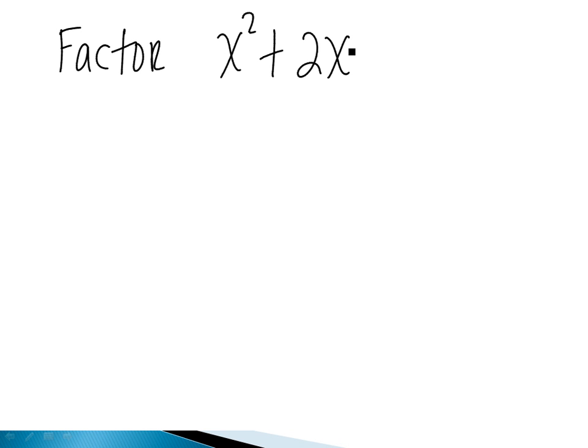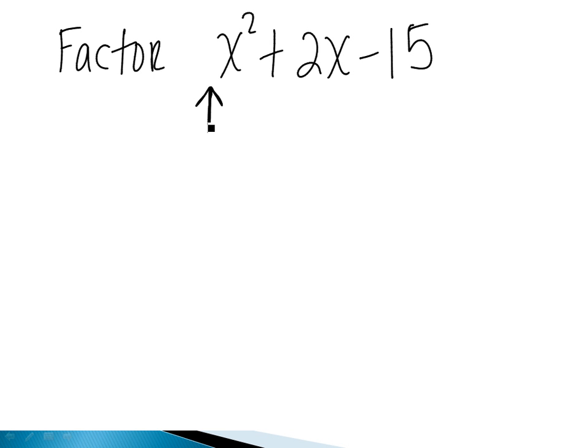Let's first factor x squared plus 2x minus 15. Notice that in this case a equals 1. A is the leading coefficient, the number in front of the term with the highest exponent.